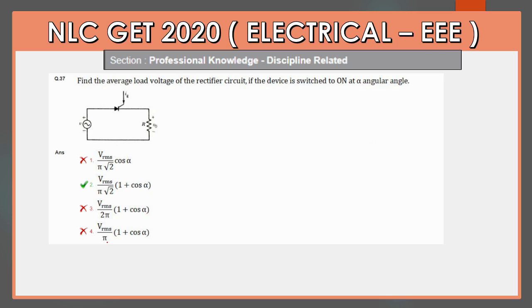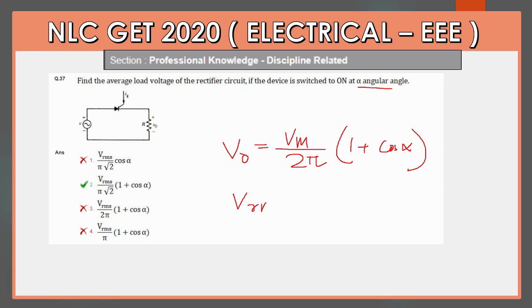Next question, it is saying find the average load voltage of the rectifier circuit if the device is switched on at firing angle alpha. So this is the rectifier circuit. We know that the output voltage V0 is equal to Vm by 2 pi into (1 plus cos alpha). So we know that Vrms equal to Vm by root 2. So if you want to write Vrms here, you substitute the Vm value.